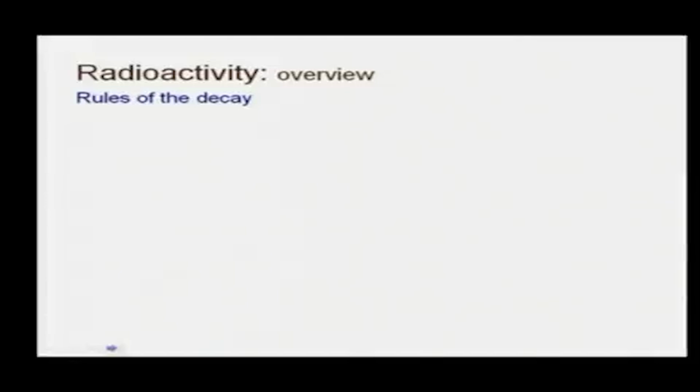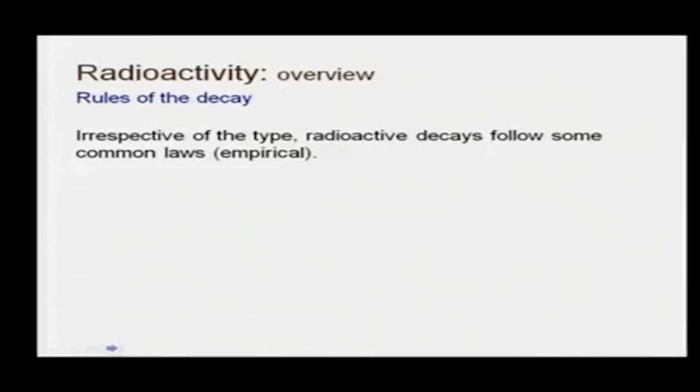Basically, a large number of observations have been made on radioactive nuclei, and from these we understand a lot about the common properties that such decays follow. These properties are mostly independent of the type of decay.